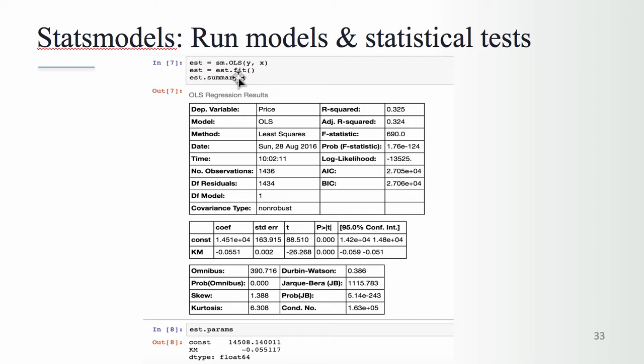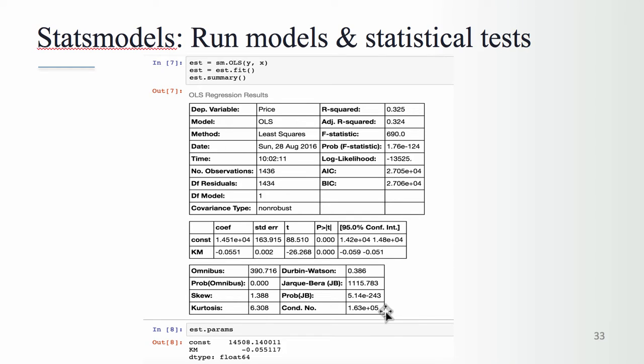That's why it's called least squares. Then you put in the y and the x. You do a fit function, which is standard in all the libraries. You set up the equation and then you fit it with the actual data. And then here's the summary.